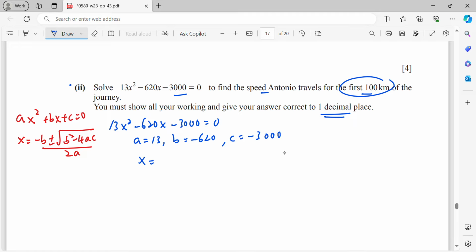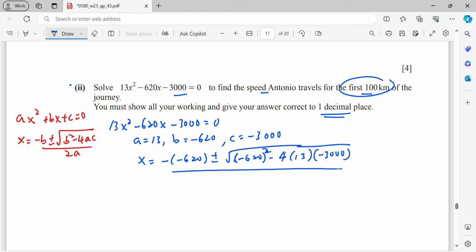So now my x will be minus of negative 620 plus minus square root of negative 620 squared, that's my b squared, minus 4, a is 13, c is negative 3000, over 2a. That means you will be getting 620 plus minus square root of 540400 over 26.